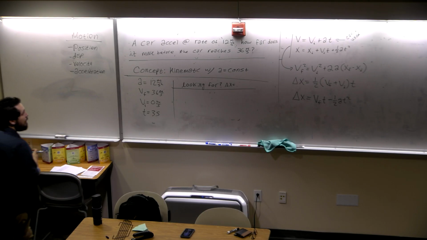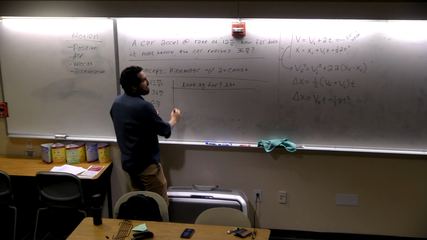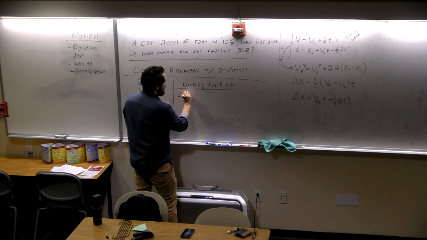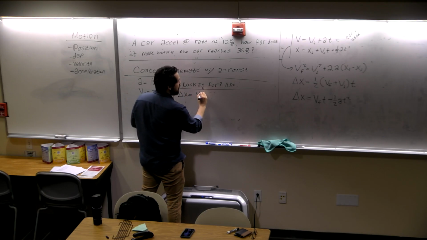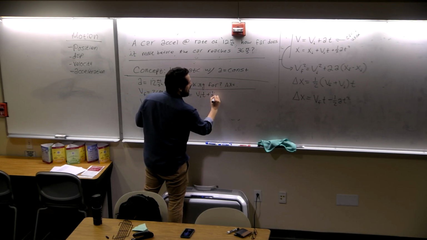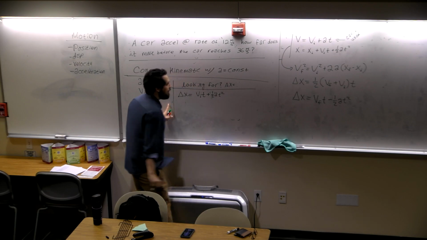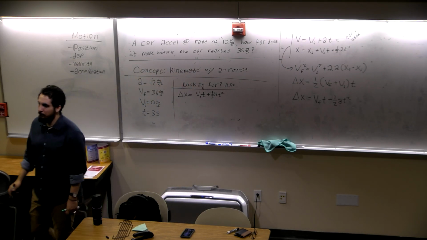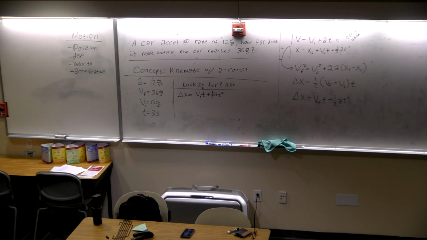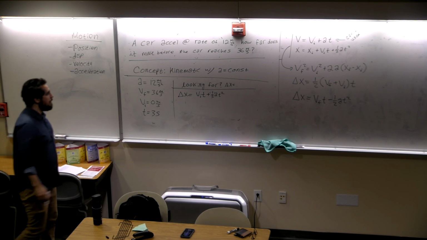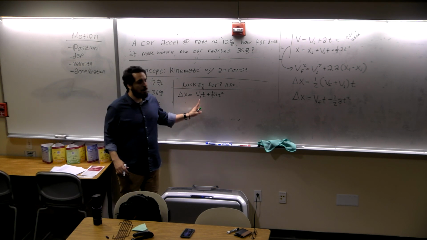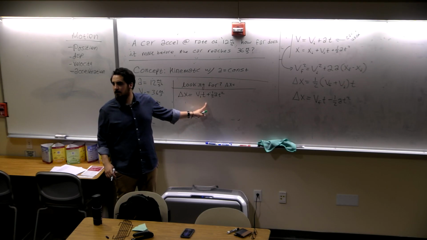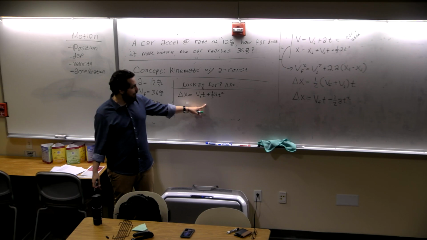You should get the same result. So if we wanted to, we can say delta x is equal to v initial times time plus 1/2 acceleration times time squared. We might choose to use that one. All right, well, v initial is 0. 0 times time is going to be 0, because anything times 0 is 0.